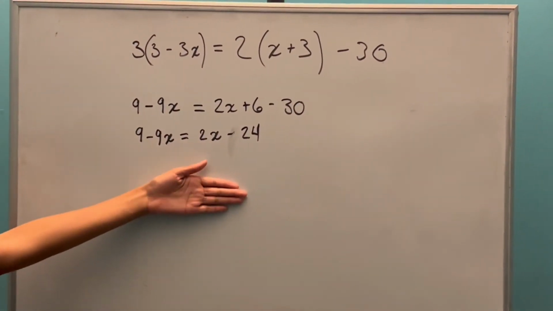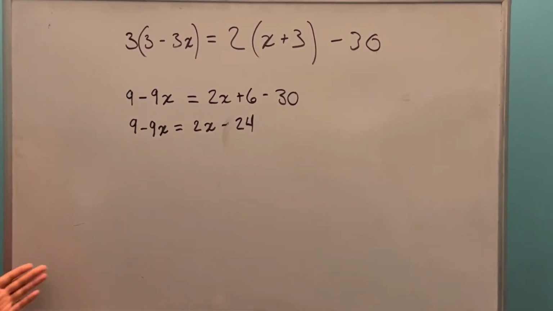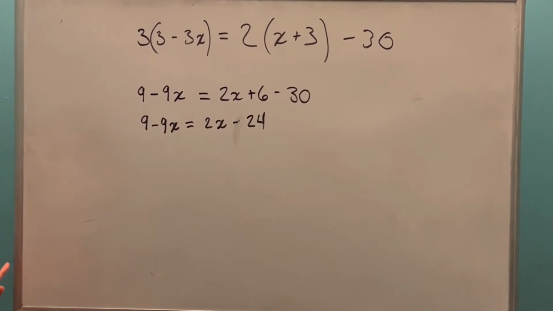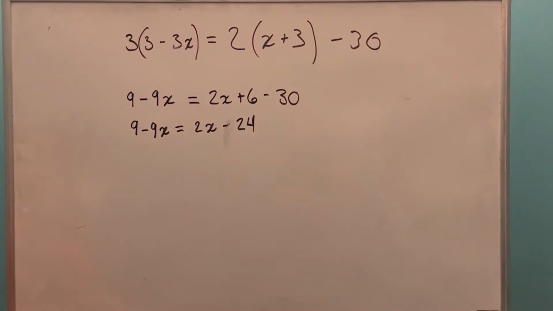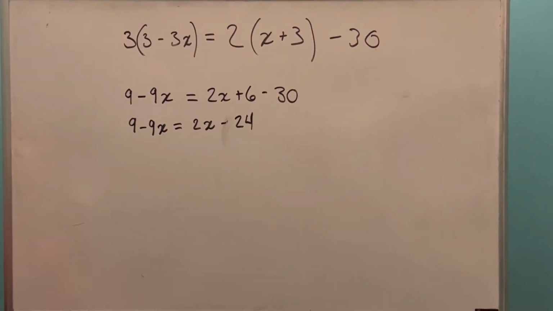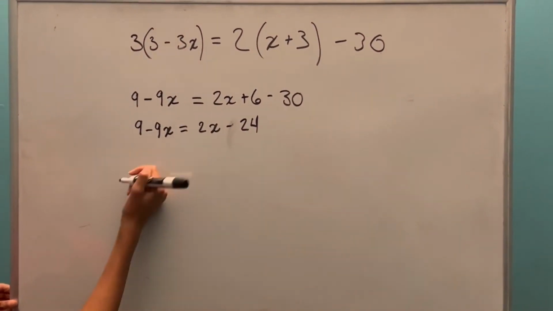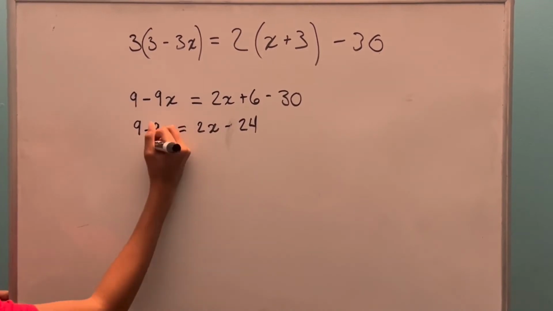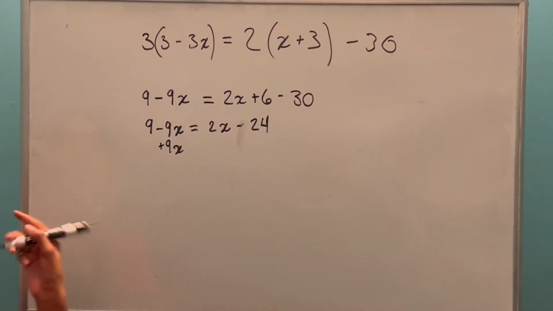So this is how our equation's looking. Now there's nothing else to simplify, we can't combine anything on either side at this point. So on our different sides, we have to do the inverse operations. Since this is a negative 9x, we have to add 9x to cancel it out, because we are always trying to get x by itself.